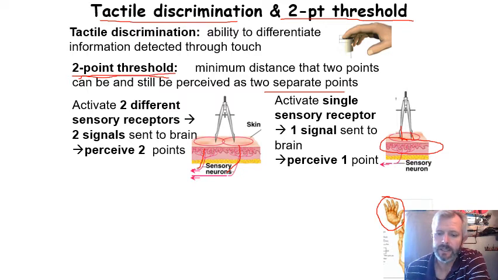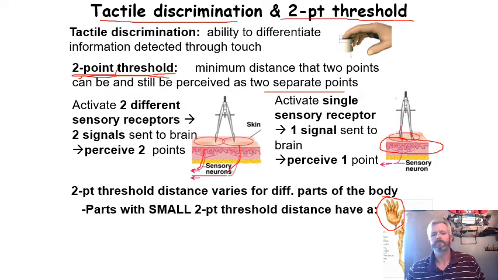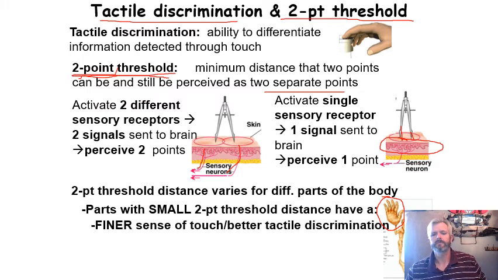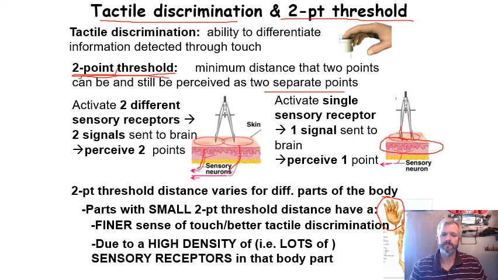Just by looking at this guy here, you can imagine the regions where I would have a low 2-point threshold and a high one. They're inverse. High density means low 2-point threshold. Low density of receptors means a large 2-point threshold.